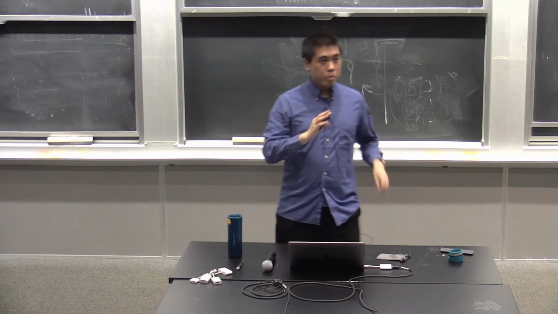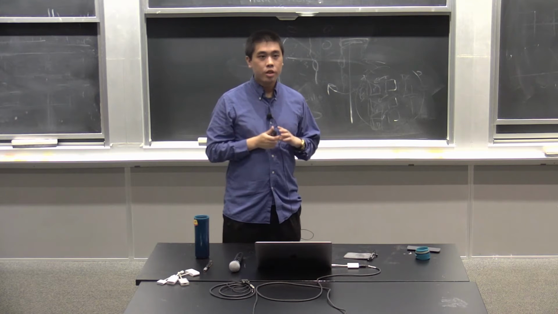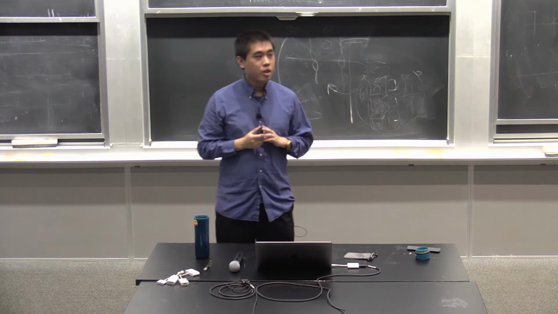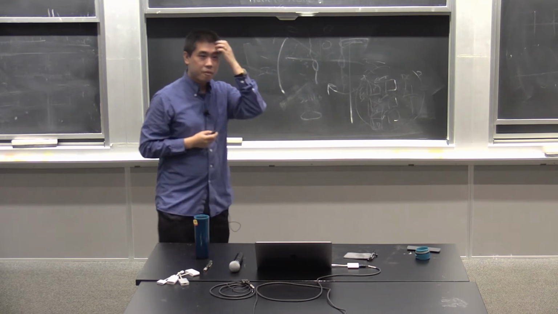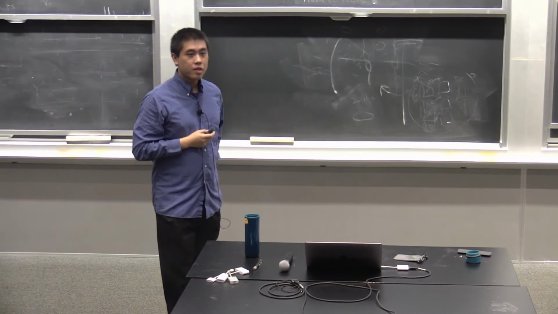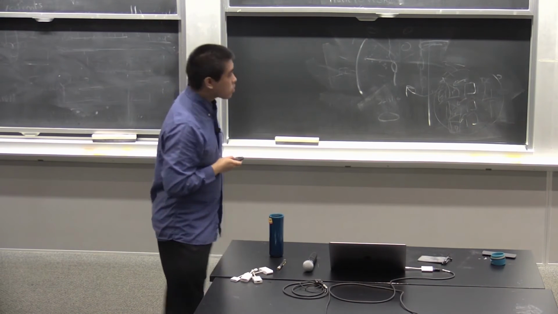So does anyone know how to compute the length, the number of non-zeros in a row by looking at the rows array? Yes. You go to the rows array and just subtract i and i minus 1. Right. The number of elements that are non-zero.